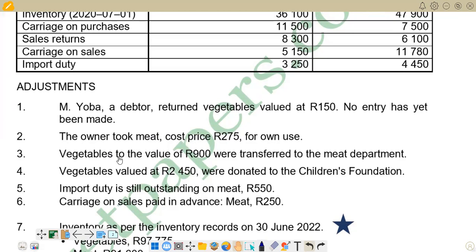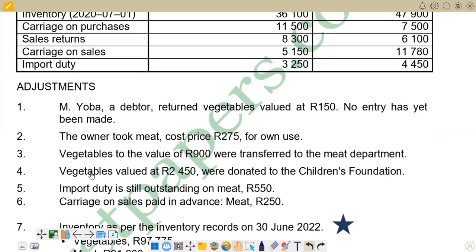Then we go to number 3, vegetables to the value of 900 rands were transferred to the meat department. So we had done some purchases, and then some vegetables worth 900 rands were transferred, so it's going to reduce again the amount of purchases. Take note of that one again.